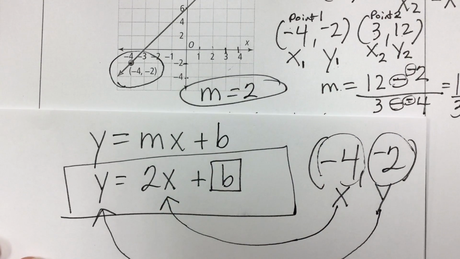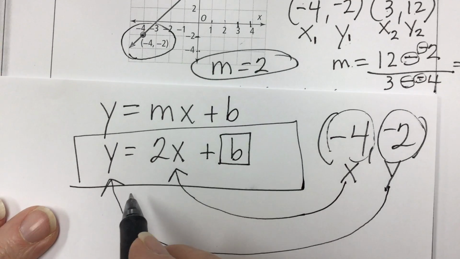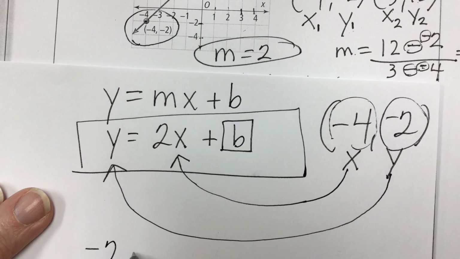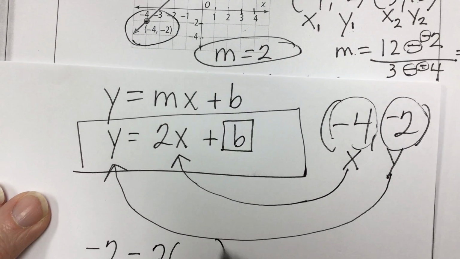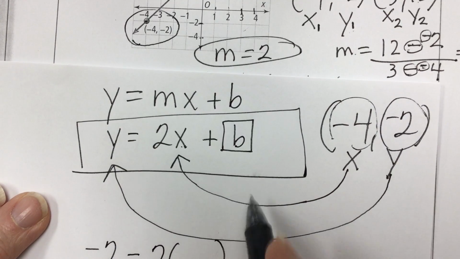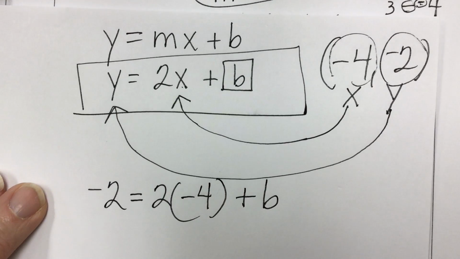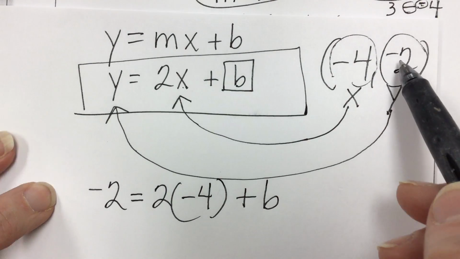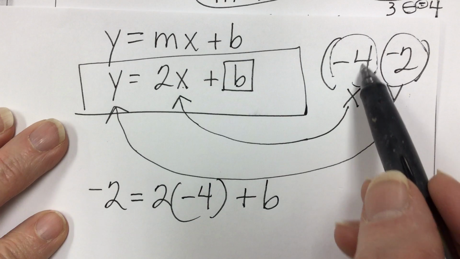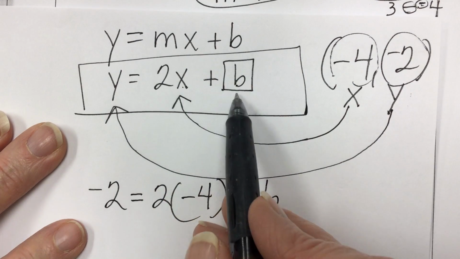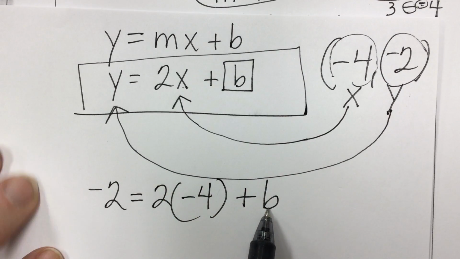So here I have -2 is equal to 2 times x, plugging in -4, plus b. You see I plugged in -2 for y and -4 for x. Therefore, the only variable that I have left is b.